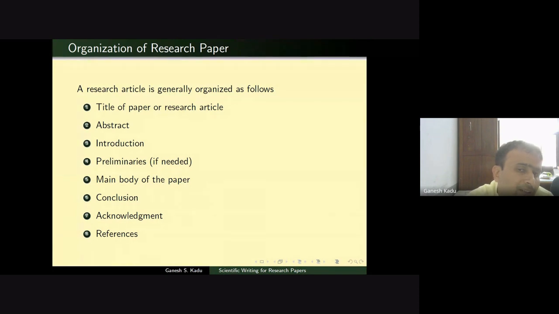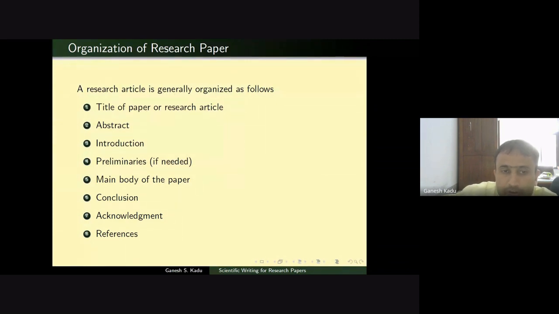And then preliminaries. These are the notions that may be required in order to present the main body of the paper, where you have quoted your main results, or your research findings. But then maybe some equation is needed, some symbols are needed. So those preliminaries you can mention before you mention some of your main results.